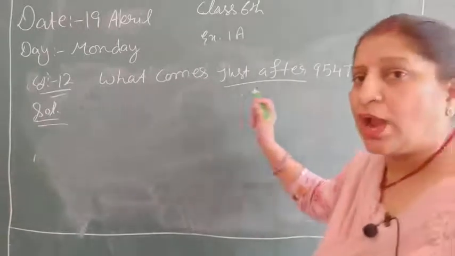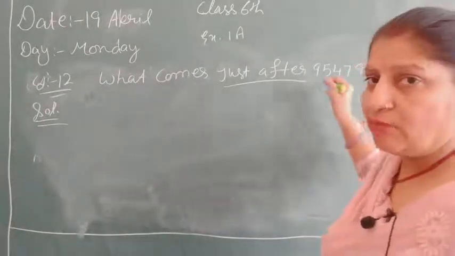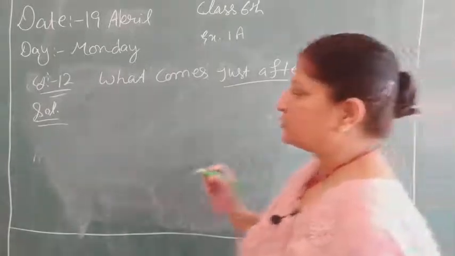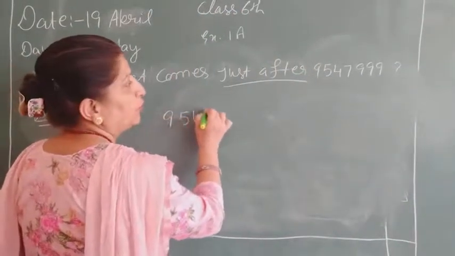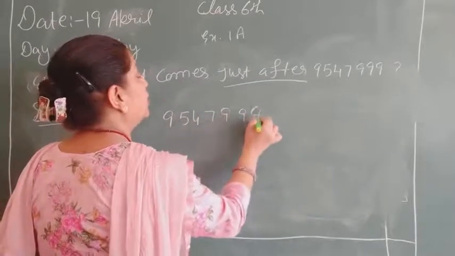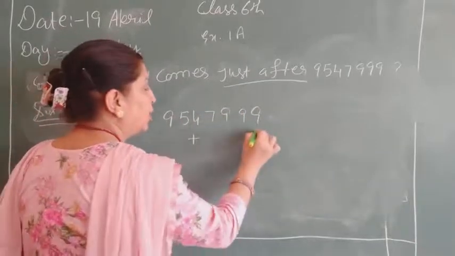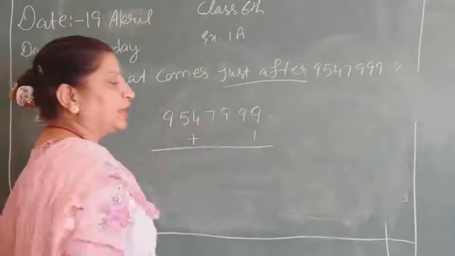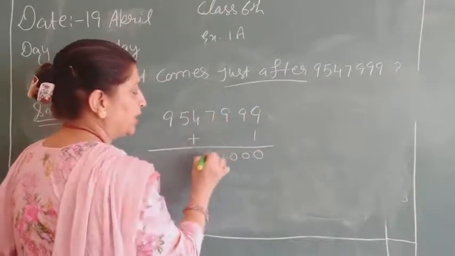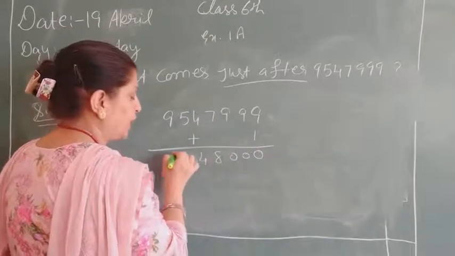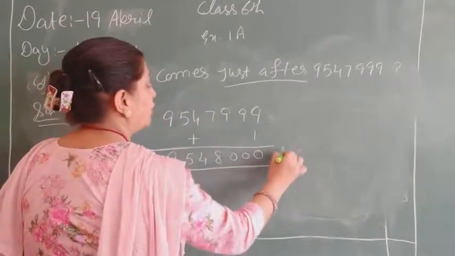We have to add 1 to the given number. So our given number is 9547999, and when we add 1 to this number, we get 9548000. This is our answer.